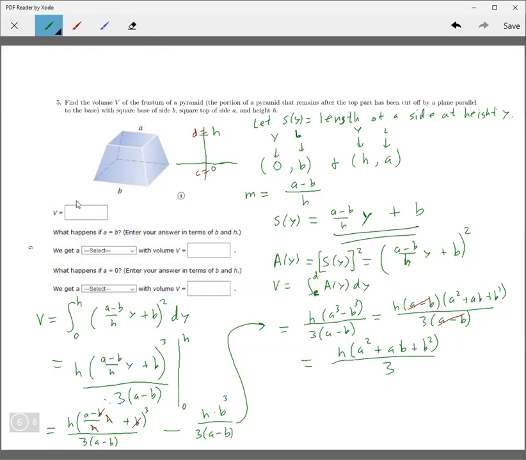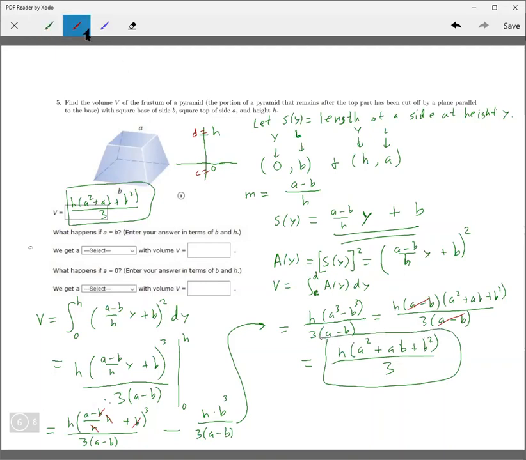That's the answer. So that's what's going to go in right here. So this will be h times a squared plus ab plus b squared all over 3. Okay, so that will be the answer to the first part.